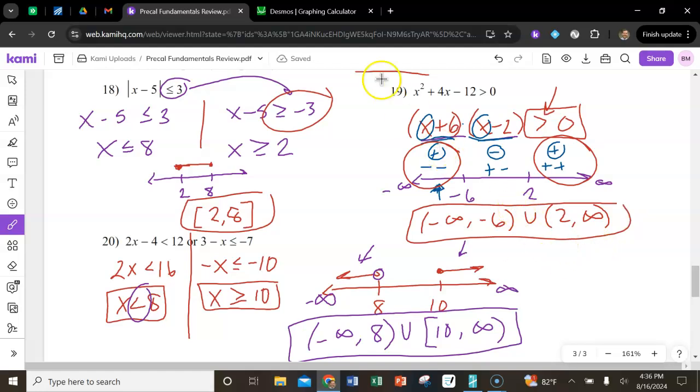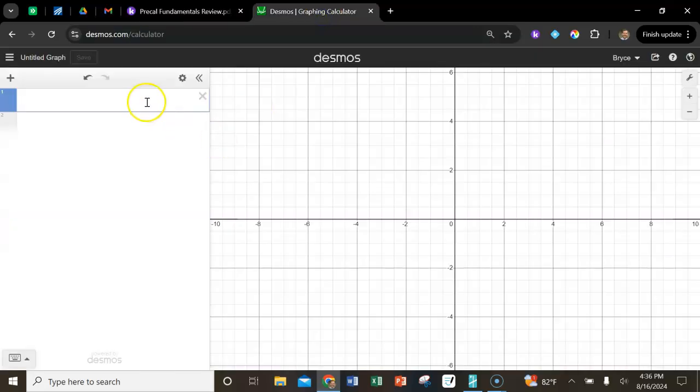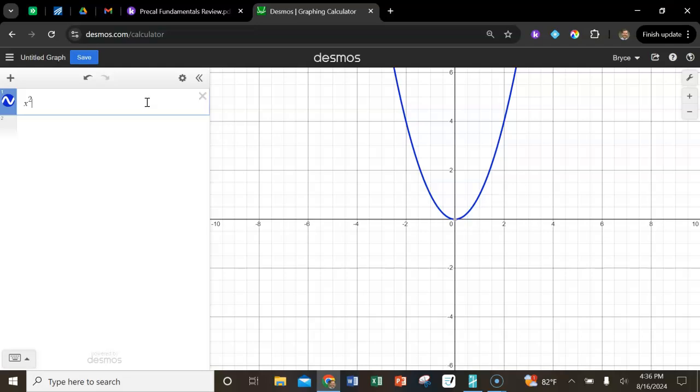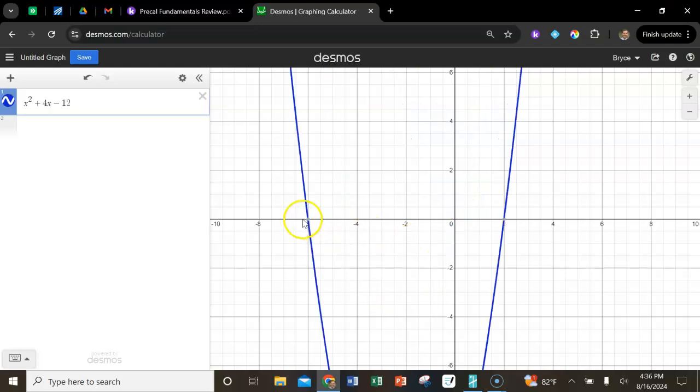On Desmos, without putting in the inequality part of that, if I did x squared, I believe it's plus 4x and minus 12. The -6 and the 2, those are the places where it equals 0. You should know that if you're looking for where something equals 0, you're looking for where the graph crosses the x-axis.